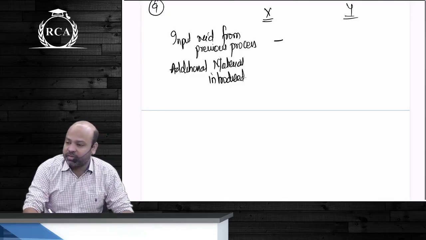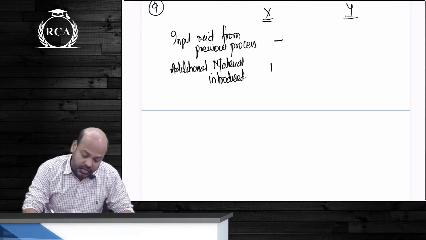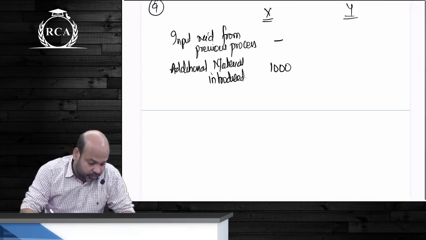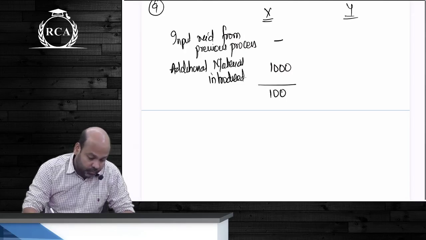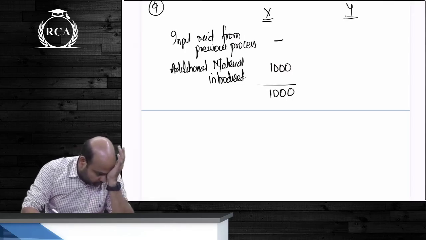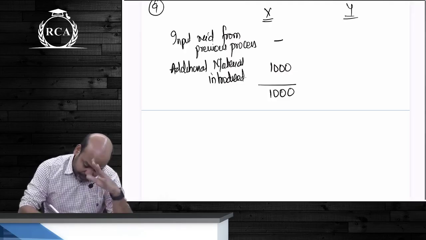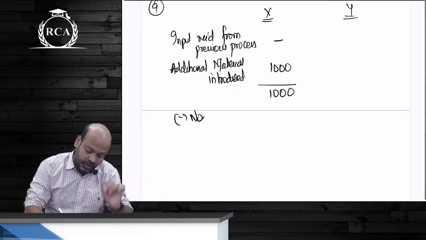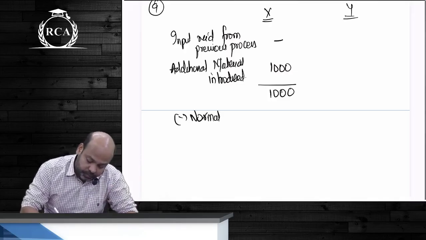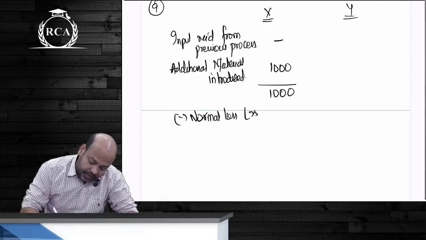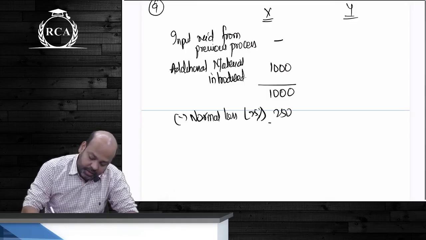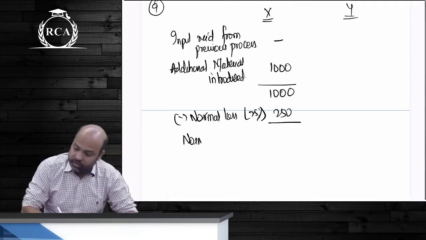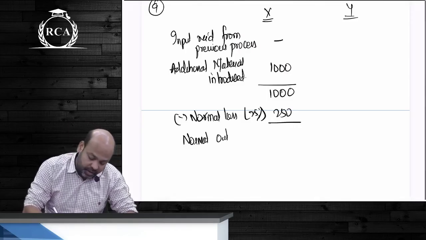How much is it in the first process? We all know, guys, that normal output is 75%. So what will be the amount of normal loss here? 25%, guys. That is 250 kgs. What will the normal output be? 750. What is the actual output, guys?